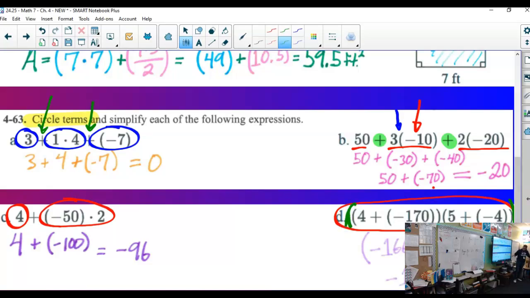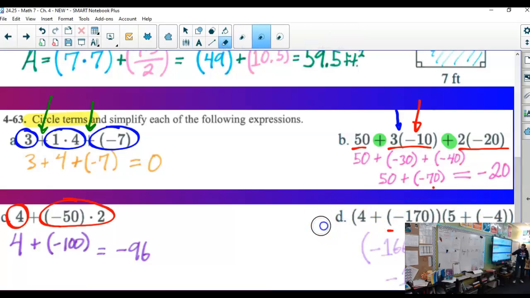See, I'm not drawing on top of it, I'm drawing beside, but there's parentheses out there, there's parentheses out there. Nothing is outside of parentheses here. So technically speaking, all of D is a single term because it's all trapped inside of parentheses.